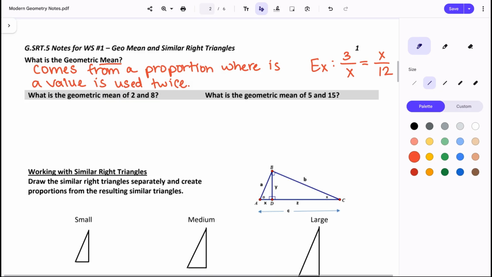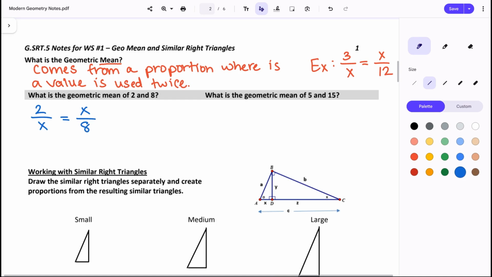So let's just do a couple examples where we're just given some numbers. We want to find the geometric mean of them. So the first one is I want to find the geometric mean of 2 and 8. So using what I wrote up here as a model, the 2 and the 8 would be replacing my 3 and my 12. So I would do 2 over x equals x over 8, like that.